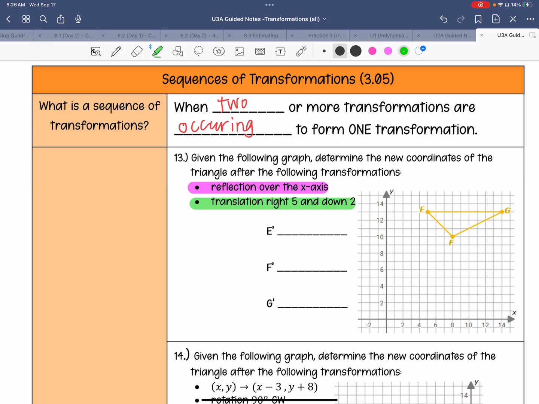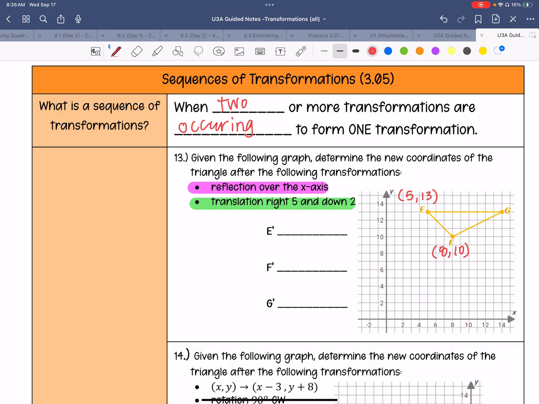All right, before I do any of these, the first thing I want to do is identify where my coordinates currently are. If I look at my graph, E is currently at 5, 13. F is currently at 8, 10.